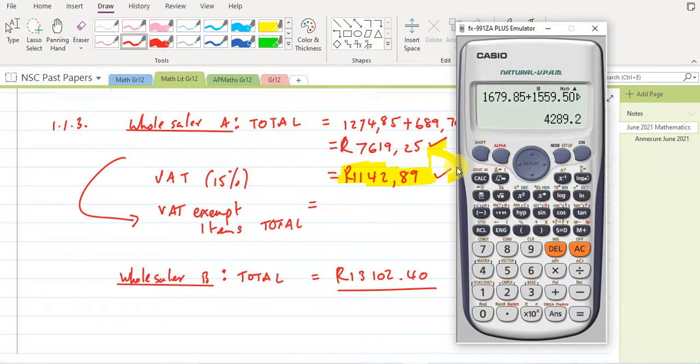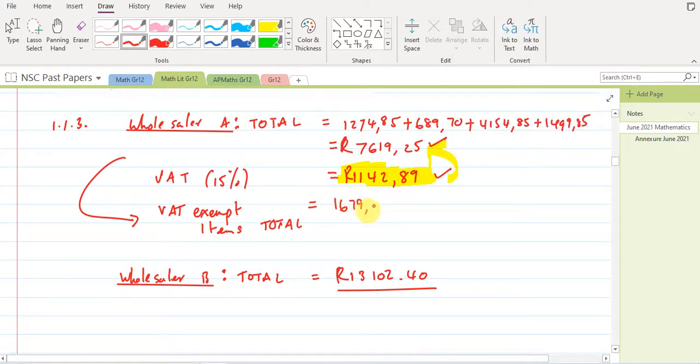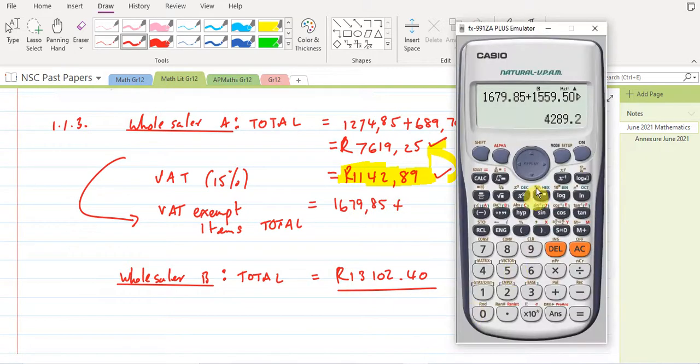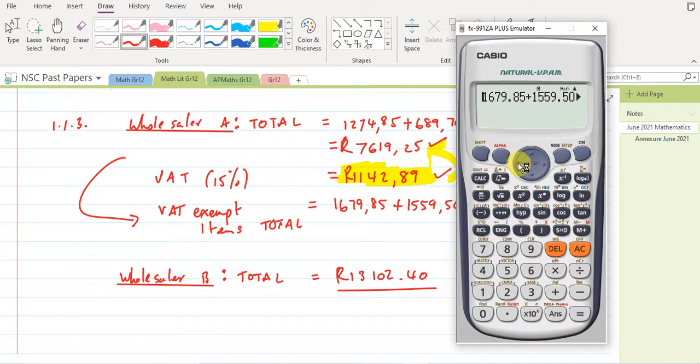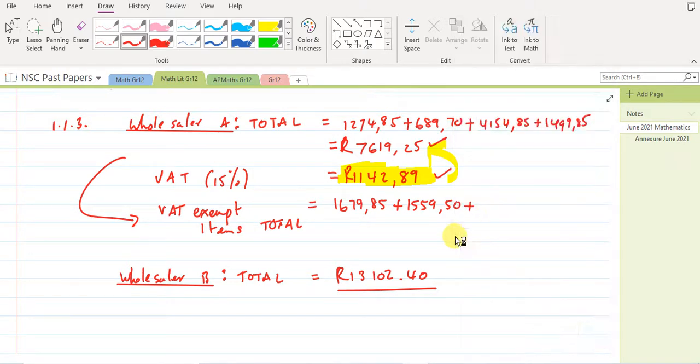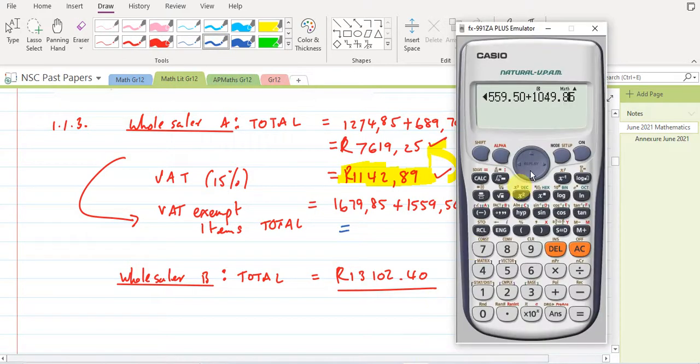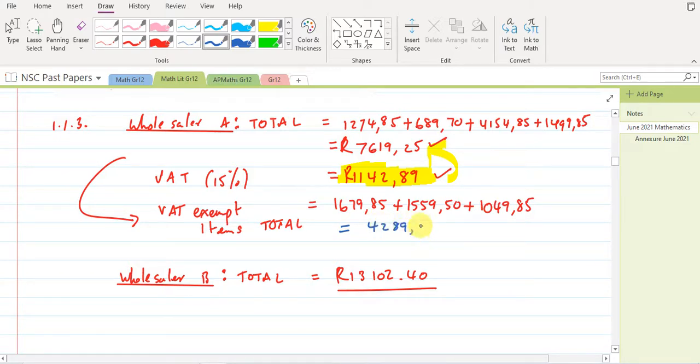If we add up all these, let's just show some working. 1,679.85 plus 1,559.50 plus the last one, I think it was the milk, 1,049.85, which is equal to, let me put it in blue, 4,289.20.